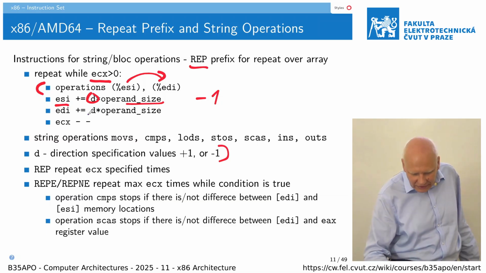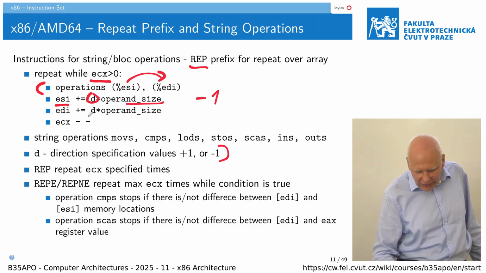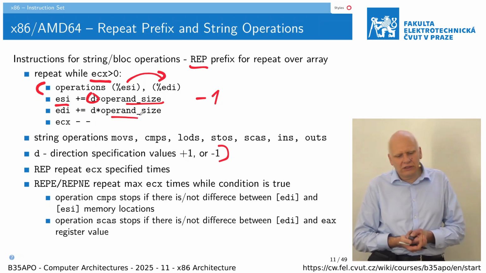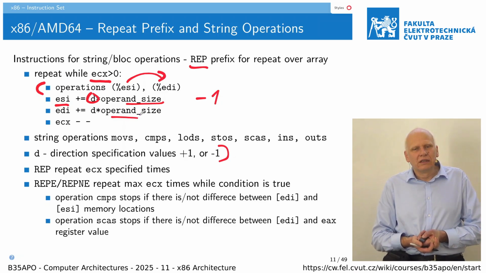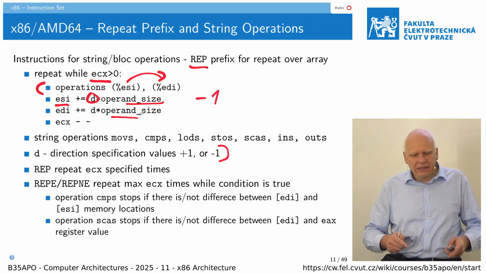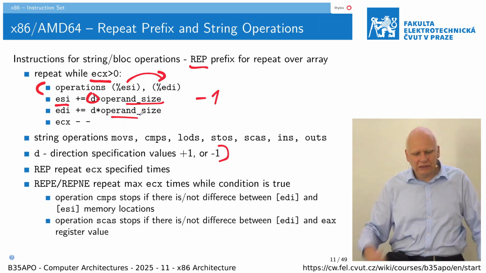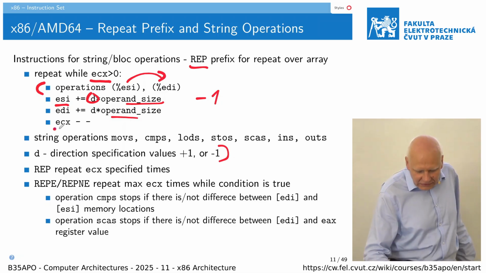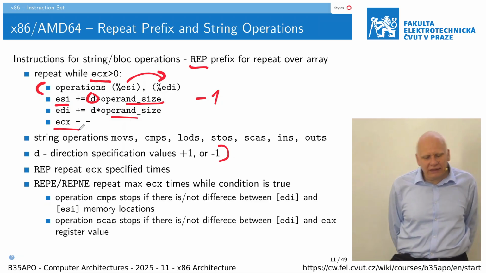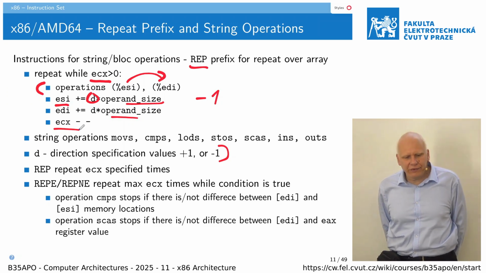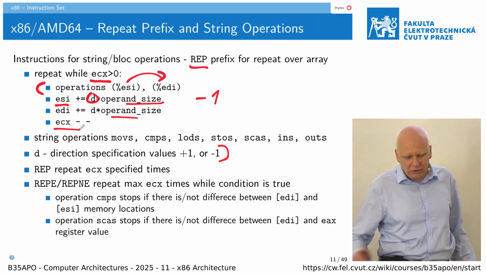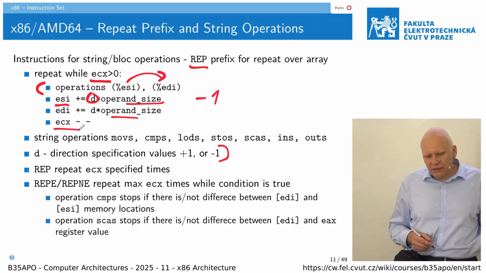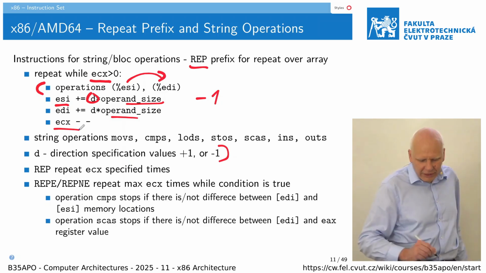That change is applied to both operands, and if you access, for example, locations in the memory as 32-bit, then those registers are advanced by 4. And then the ECX register is decremented, and if it is still not 0, then a new cycle of the execution of the operation appears.